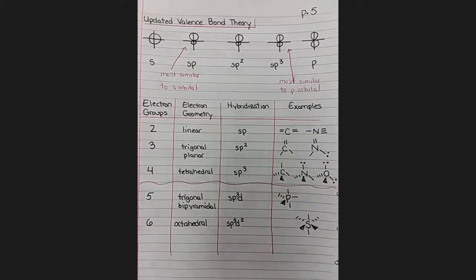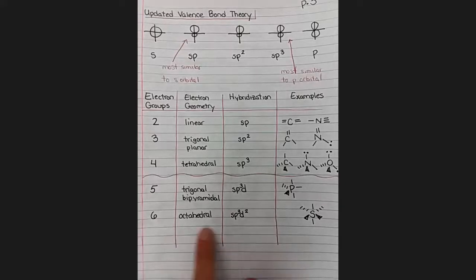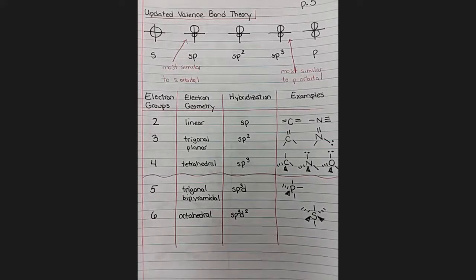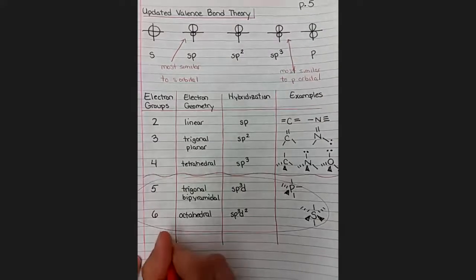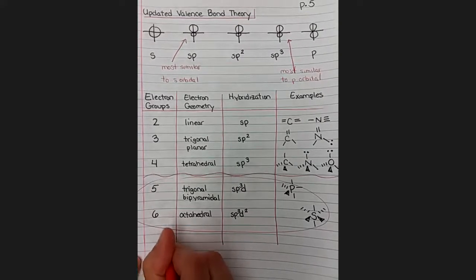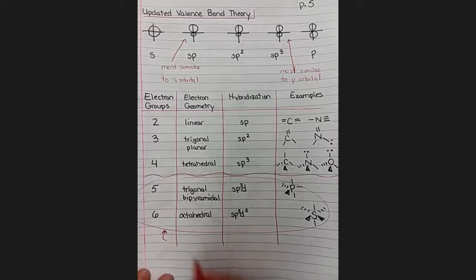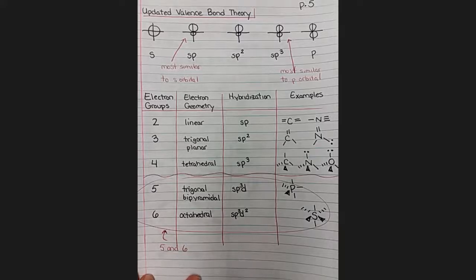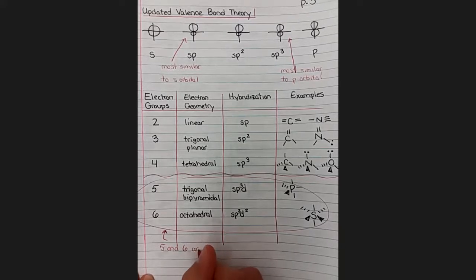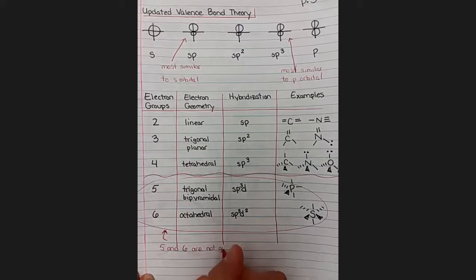Now, we didn't go into great detail on these last 2 d orbital involved hybridizations in our previous videos because these are not really excellent models of explaining how this geometry works. But you might see it in some of your other textbooks, and it's important for you to have heard of this before. So these models for 5 and 6 member geometries are not really great models.